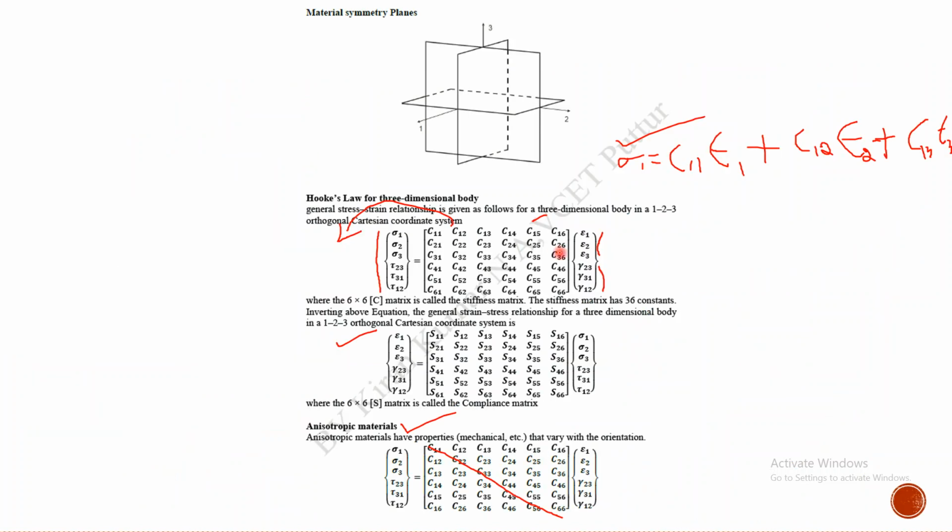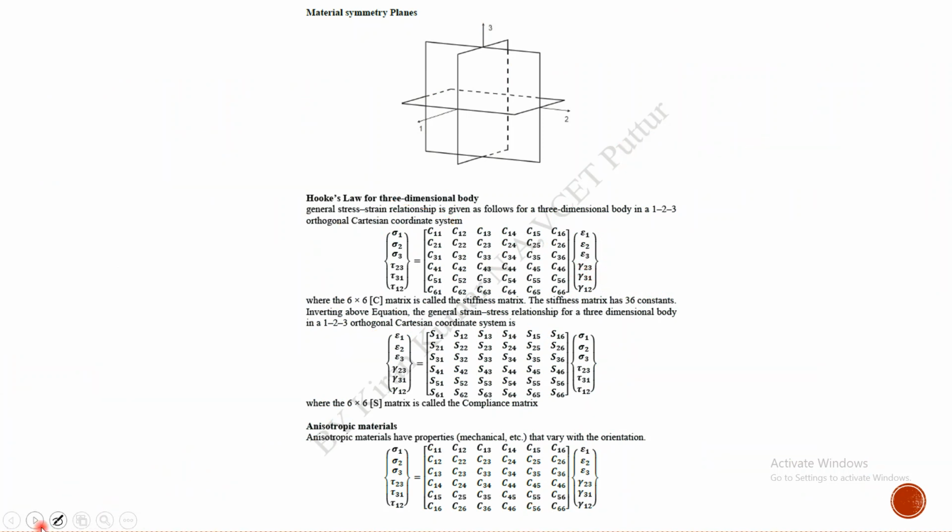Which are these terms? To understand that, let us look into this matrix. I will erase all the things. Here the strains in direction 3 are epsilon 3, gamma 2 3 and gamma 3 1. The terms multiplied to these factors will be 0.